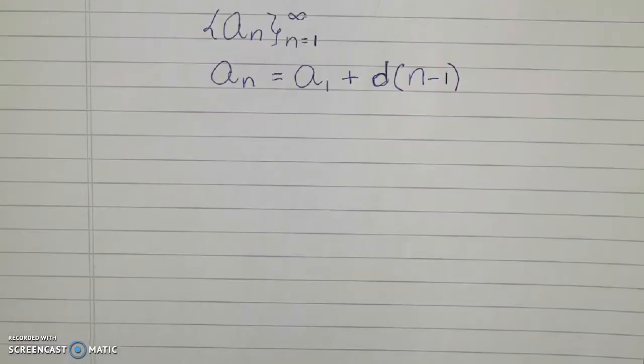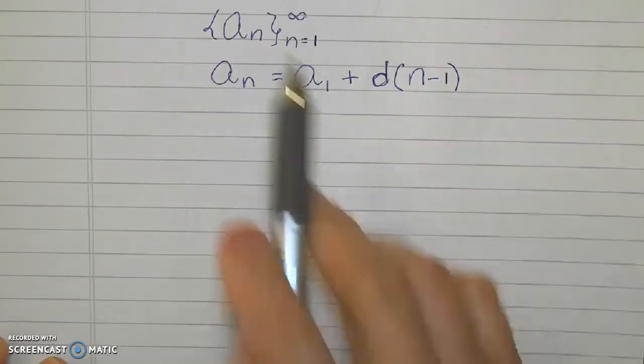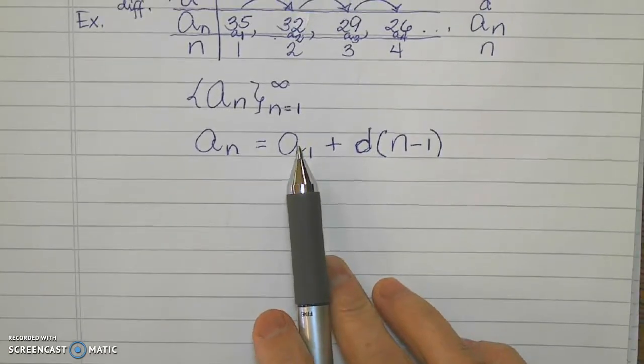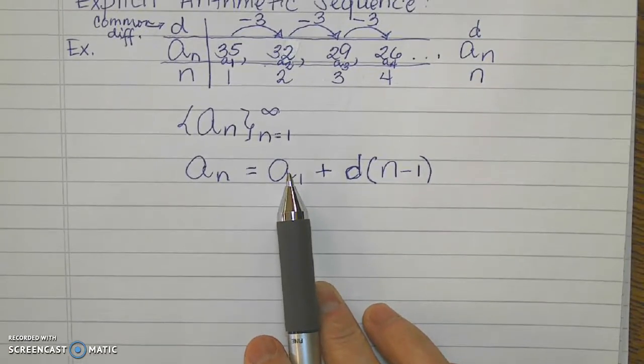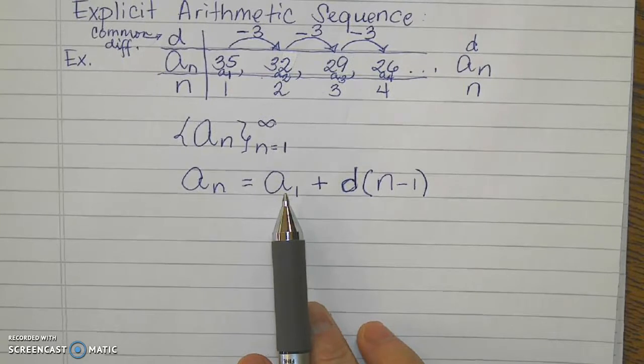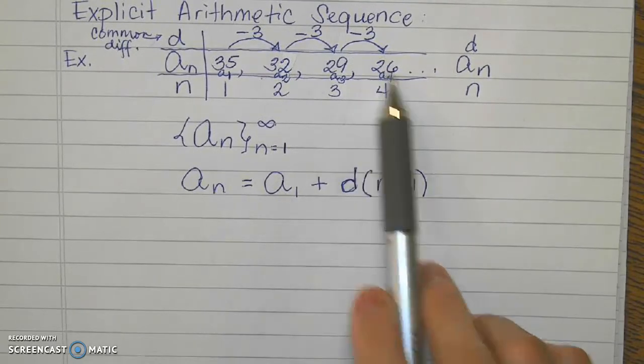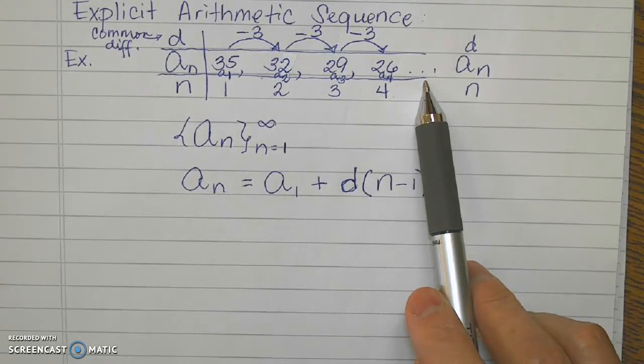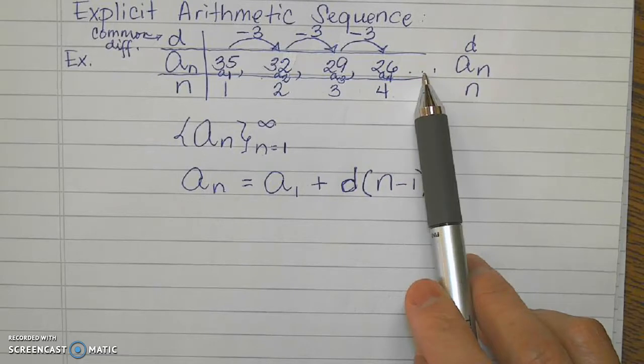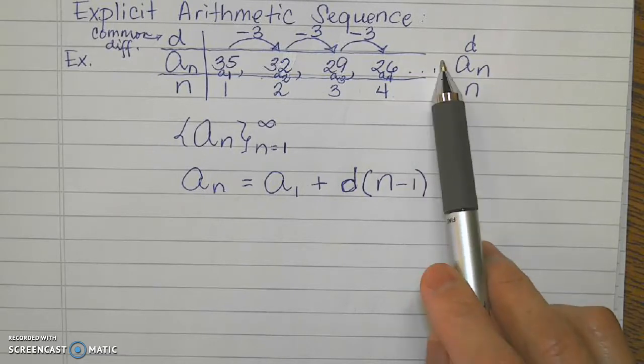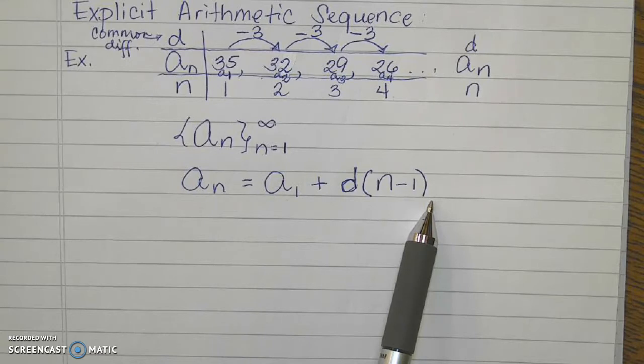For better understanding, let us have an example. Using the same sequence, let's look for the fifth term, which we all know here should come out as 23. So let's follow the formula though.